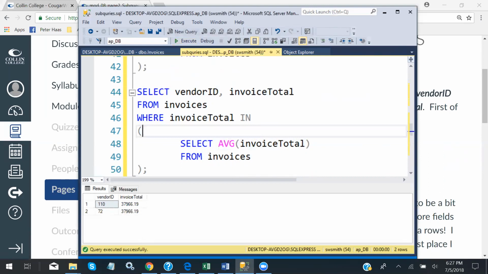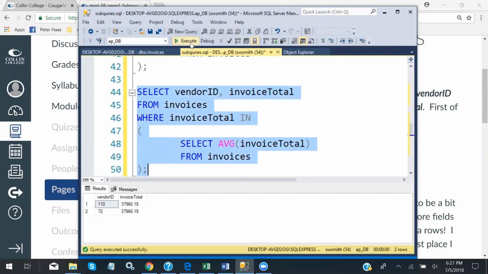Chances are very good I'm not going to have any, because as soon as I execute this, I probably won't have any. Why? Have you ever met anybody that was average? You calculate the average, and that's a real number, a number with a lot of decimal points on it, and it's very likely that nobody will have exactly that number.